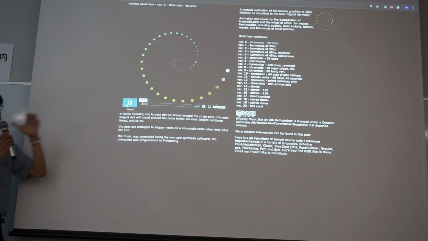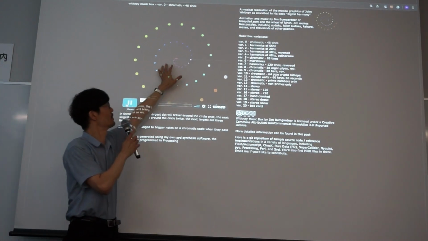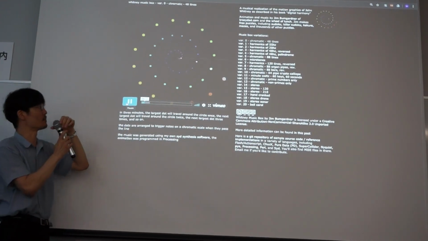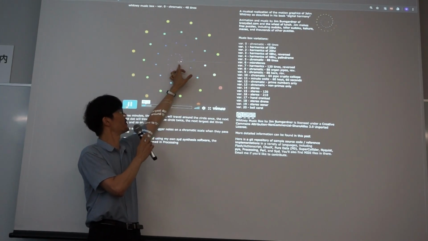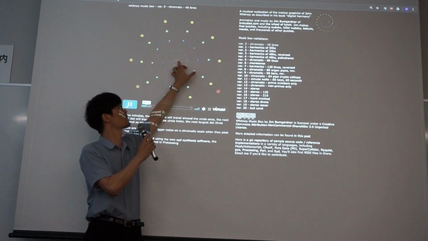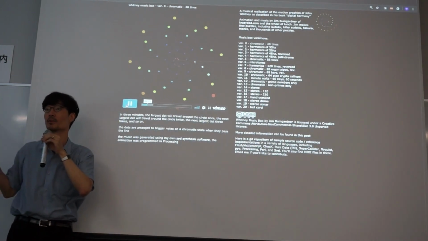It's quite straightforward. We have a lot of dots rotating in a circular pattern, and each dot goes across the horizontal line here and makes some sound.